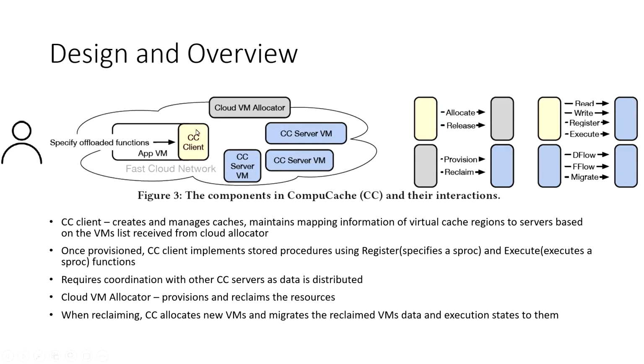And based on that list, the CC client will actually map the cache virtual addresses to the physical addresses, so that it can sync that mapping information to all these servers so that they'll be able to communicate among themselves.